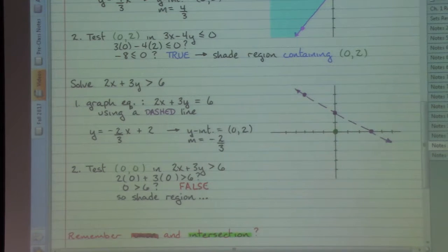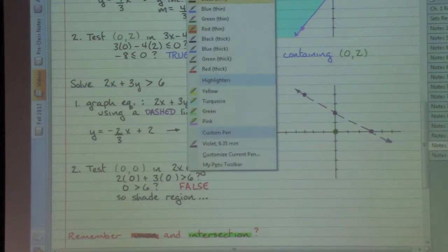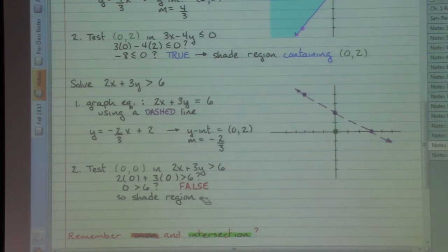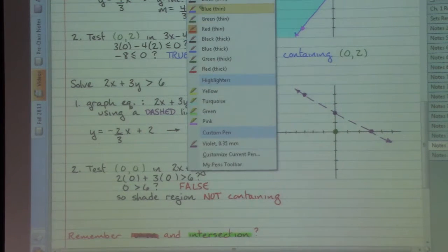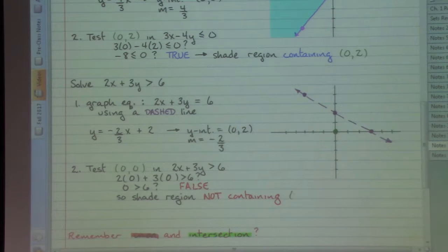that is false. So that means that we would shade the region not containing our test point.